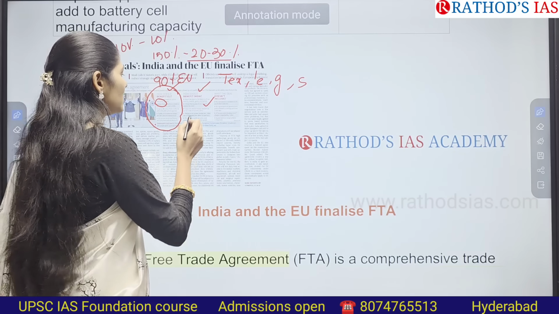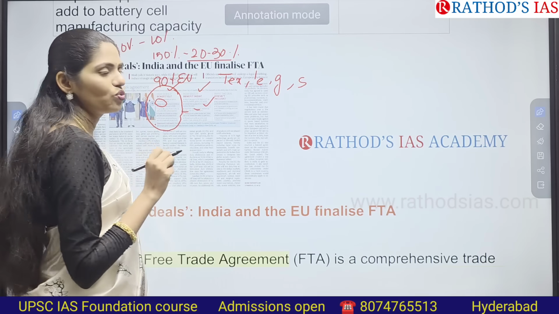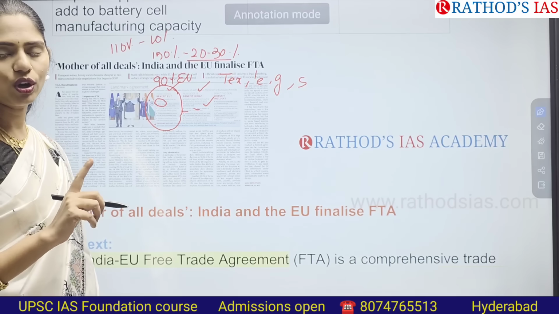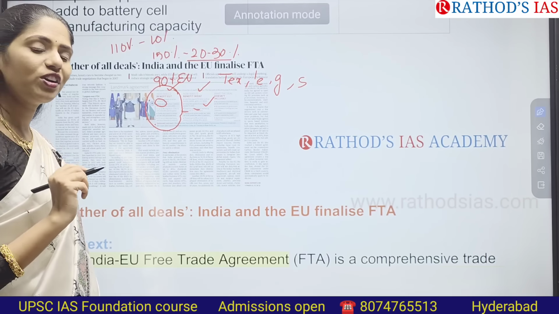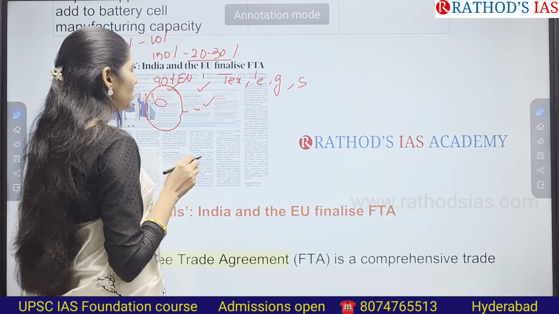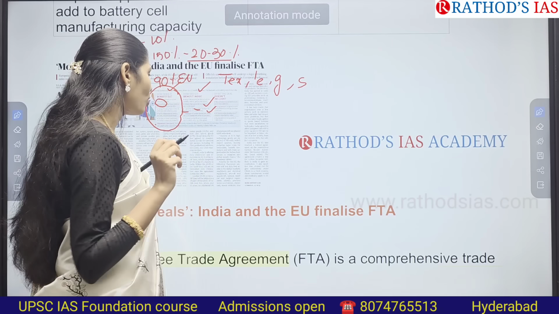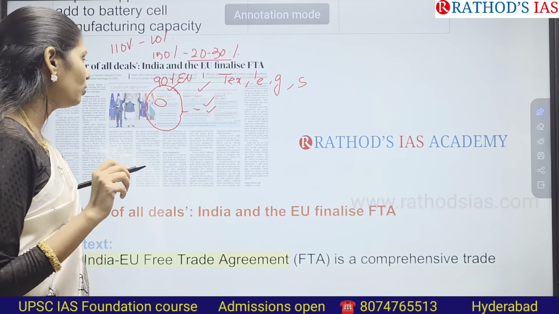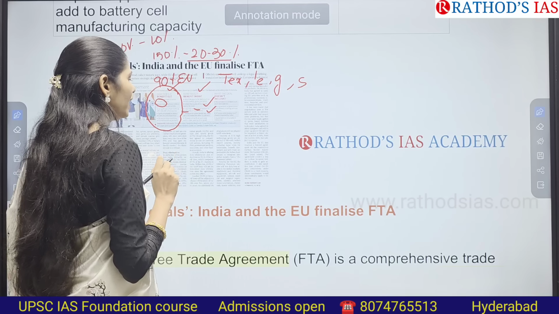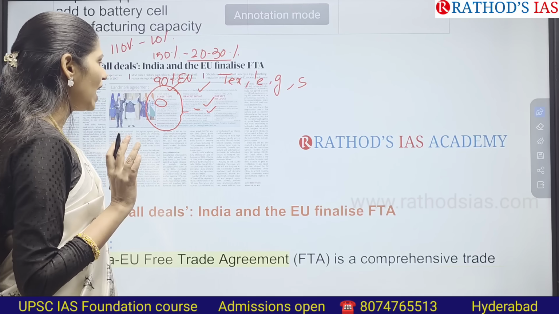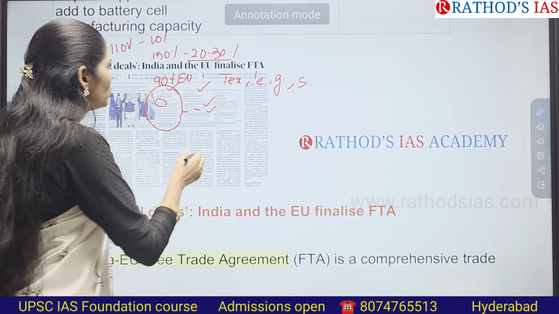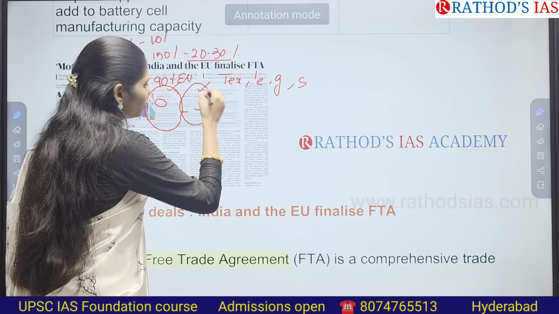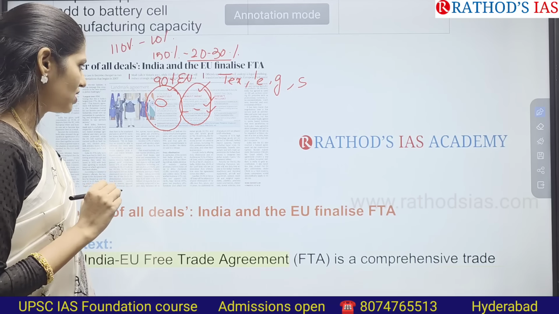And it is easier for skilled Indian workers to work in the 27-country bloc, that means there is free movement of Indians. Next, dialogue on carbon border tax, with India to be treated like other European Union partners now. And there are no tariffs on arms and ammunition. So these are the benefits India is going to get because of this FTA.